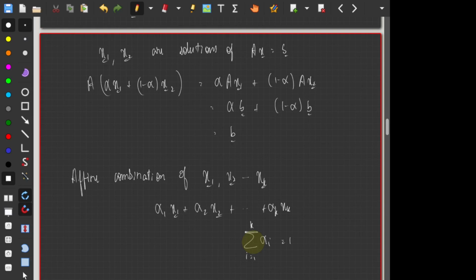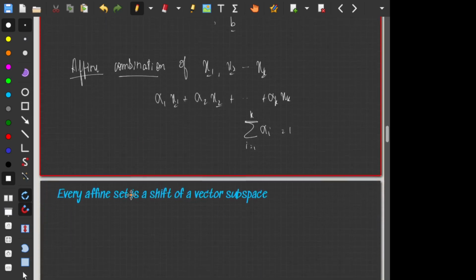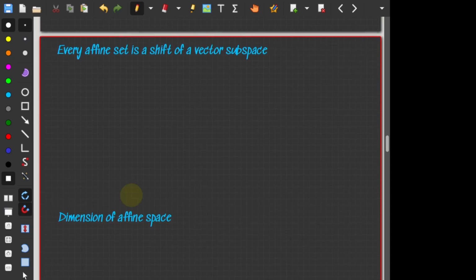The alphas need not be between 0 and 1. They could be negative. They could be as large as possible. But they all have to be real and sum to 1. In other words, an affine set is one which is closed under affine combination. And in fact, every affine set has this nice property that it's always a shift of a vector space.